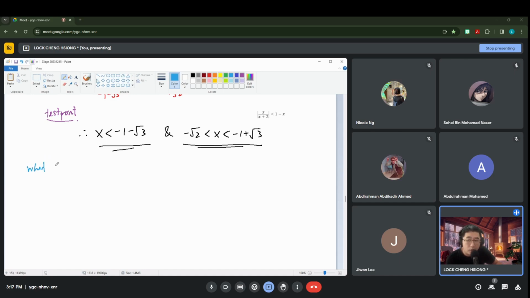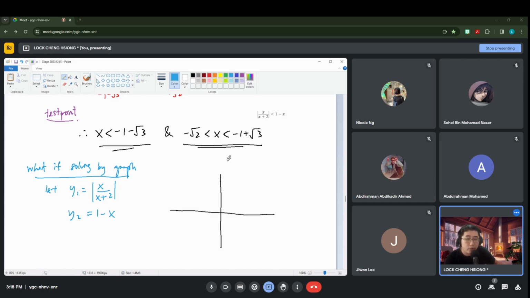What if solving by graph? So I let y1 equal modulus of x over x plus 2. I let y2 equal 1 minus x. So I do my graph.